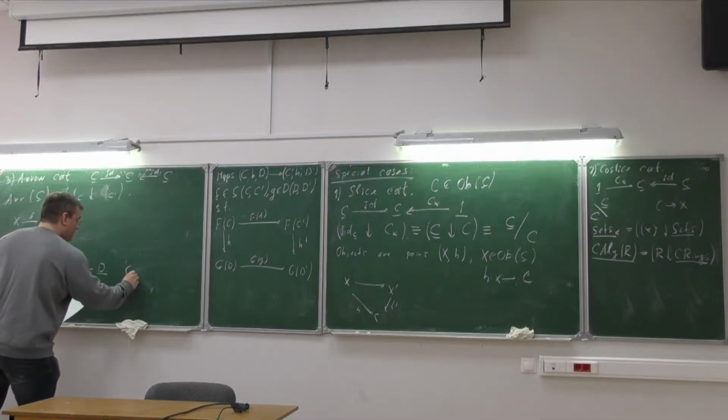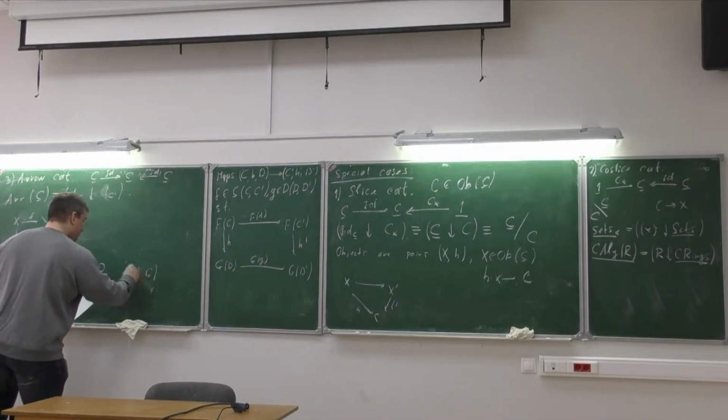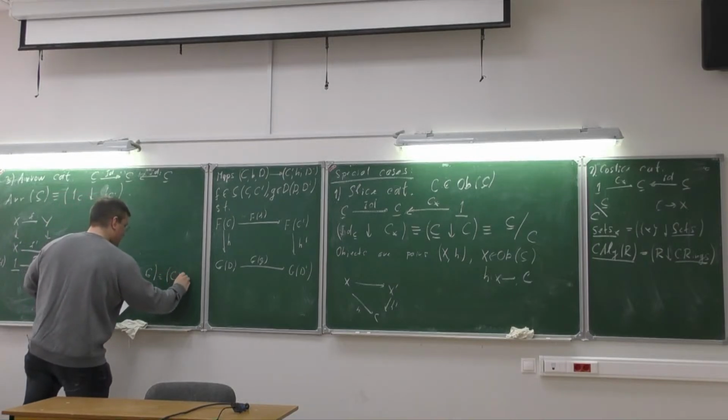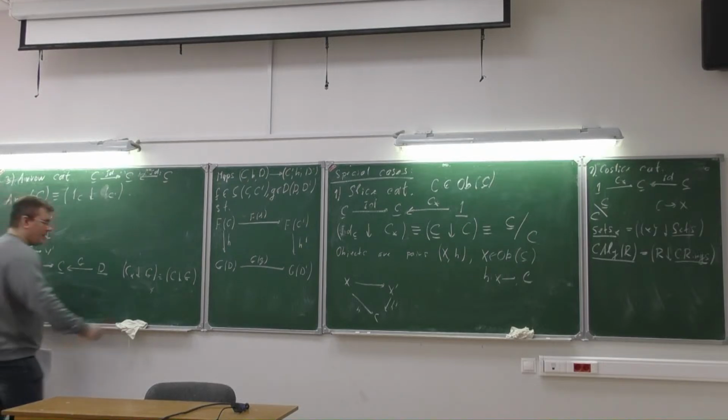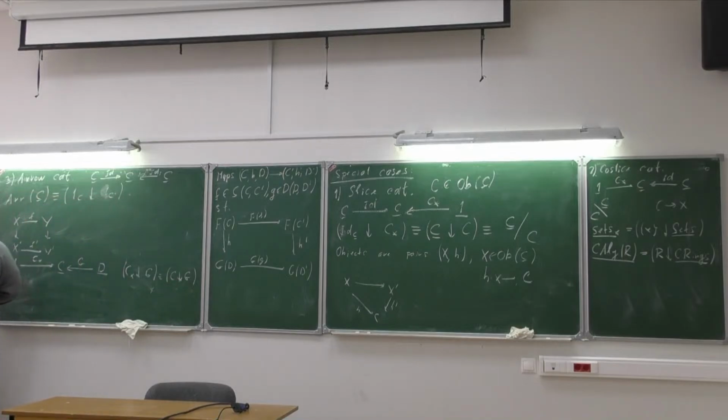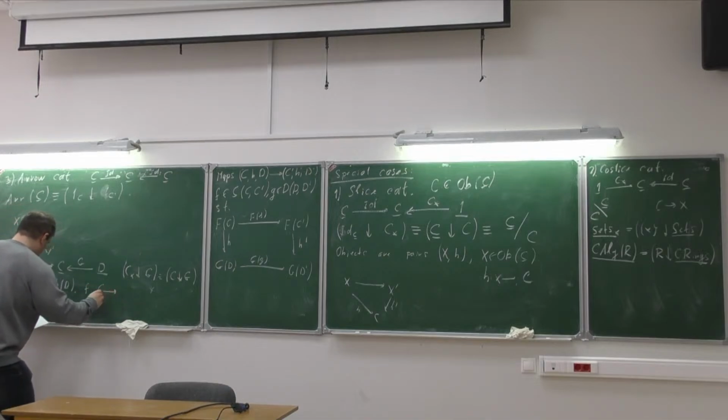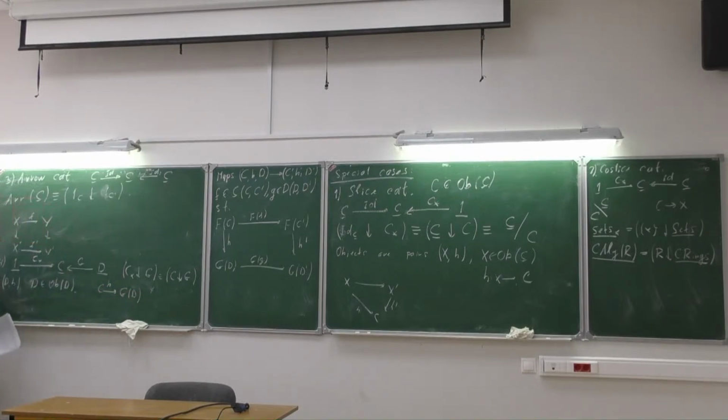In this case, we can use a shorter notation: instead of writing the functor C lower star, we can just write the corresponding object C. Let me write that objects are pairs D and H, such that D is an object in the category D, and H is a map from C to G of D. So essentially the objects are diagrams of this form, and the maps are just a special case of the maps that we had before.